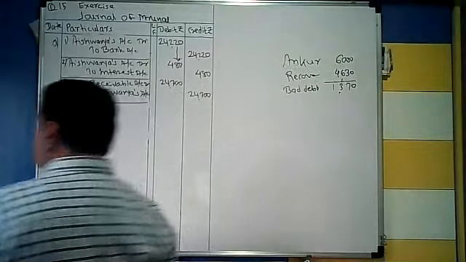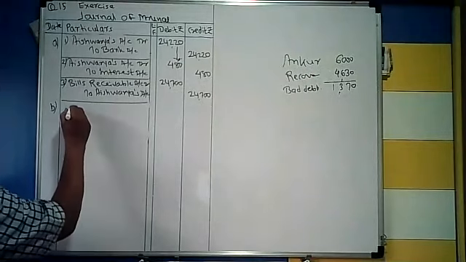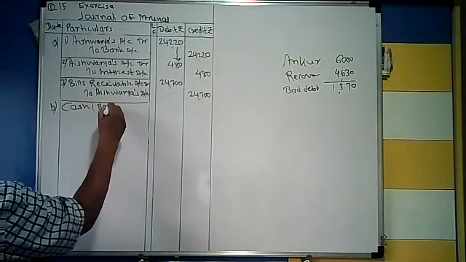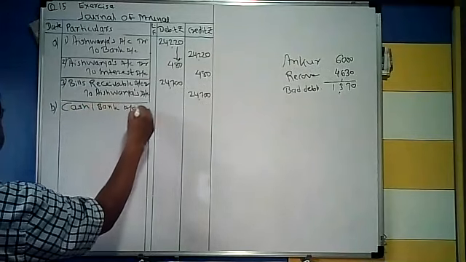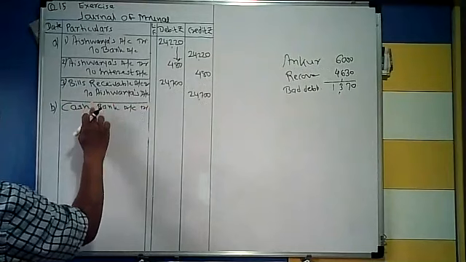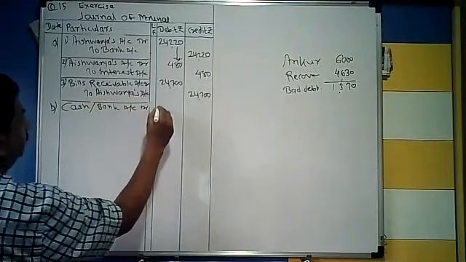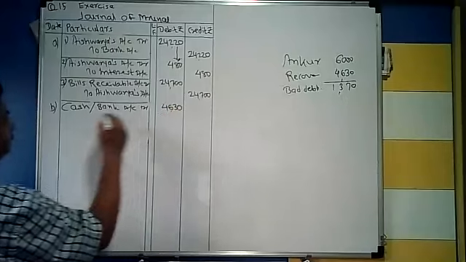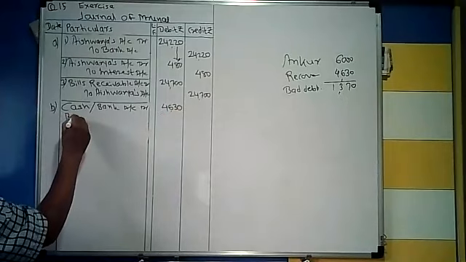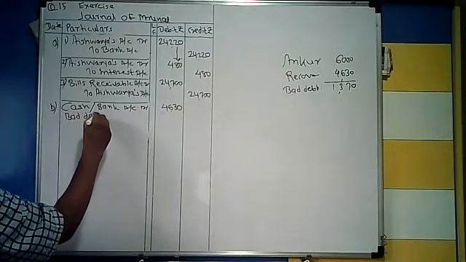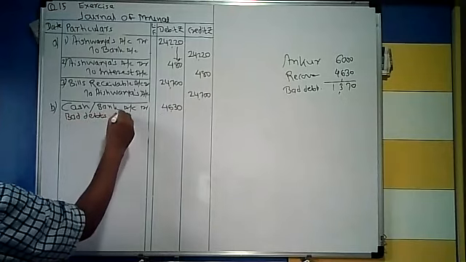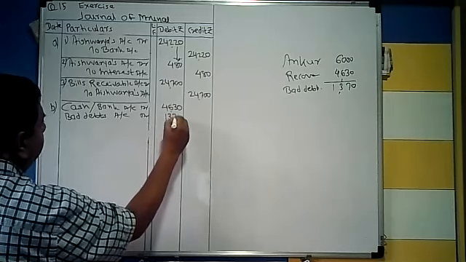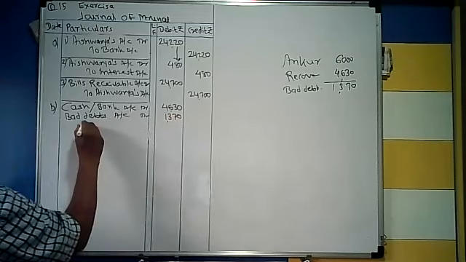Okay, so the entry for this, for the recovery directly, cash or bank account debit, 4630 rupees. Bad debts account debit, 1370 rupees.